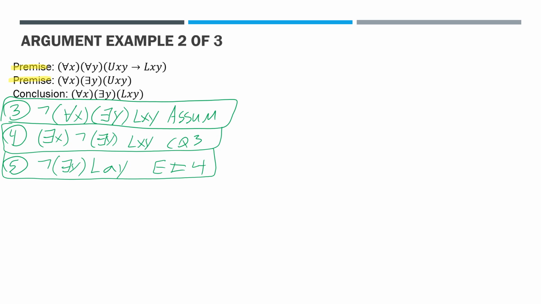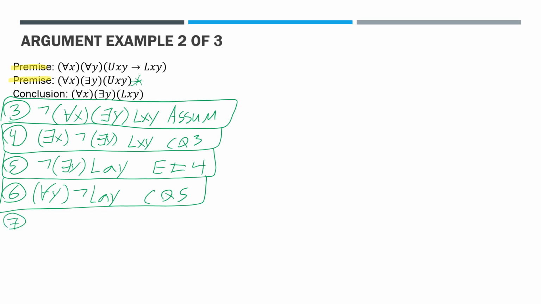However, once again, we have that negation in front of a quantifier. So for line 6, we'll do a change of quantifier rule. For all y, it is not the case, LAY. Let's instantiate line 2. For 7, we can get there exists a y such that UAY.